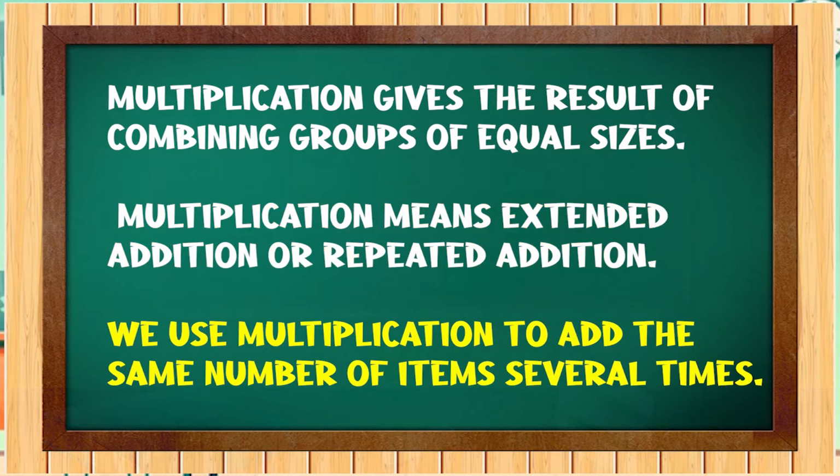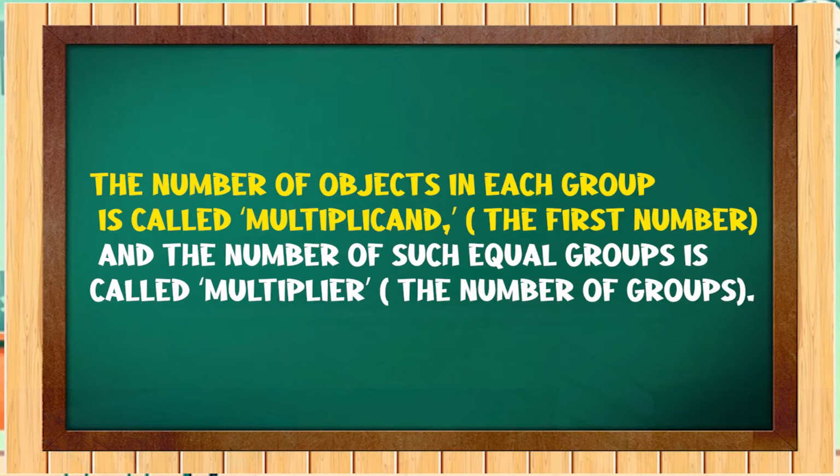We use multiplication to add the same number of items several times. The number of objects in each group is called multiplicand. That's the first number. And the number of such equal groups is called the multiplier. That's the number of groups.